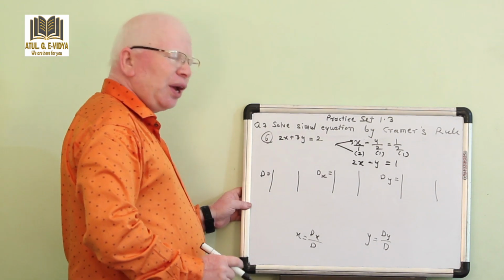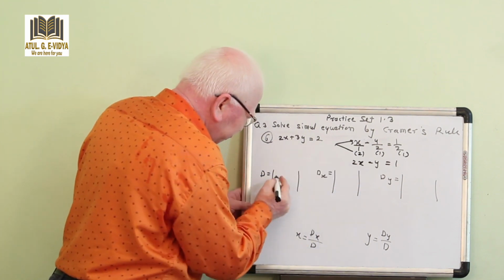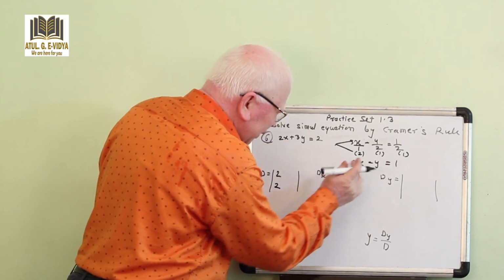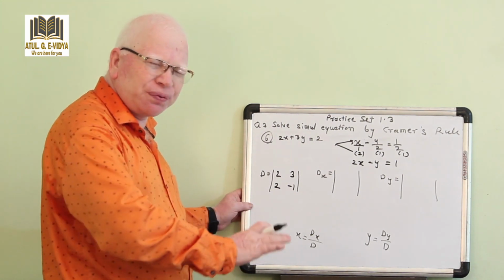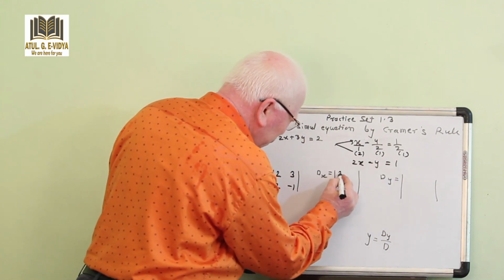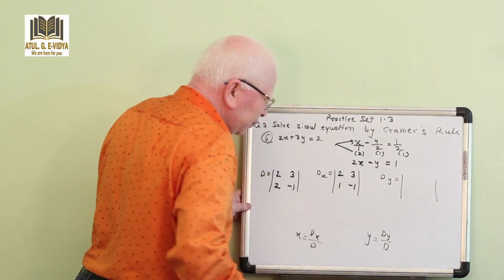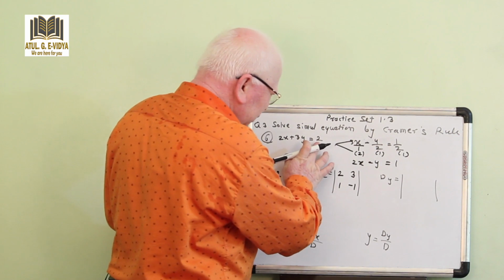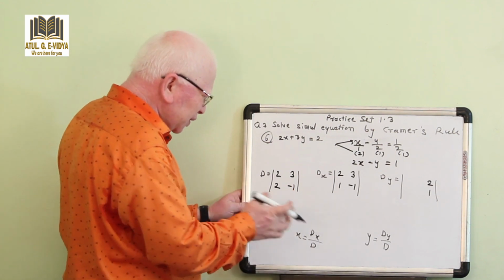For D, we have to take the x and y coefficients. X coefficients, that is 2 and 2. Y coefficients plus 3 and minus 1. For Dx, x coefficients are absent, and instead of this we have to take this one, 2 and 1, and the y coefficients are same, 3 and minus 1. In Dy, y coefficients are absent, and we have to take 2 and 1 here, and the x coefficients are same, that is 2, 2.